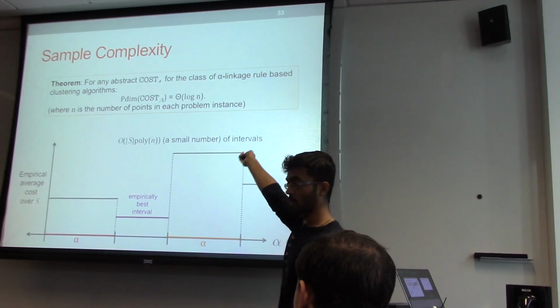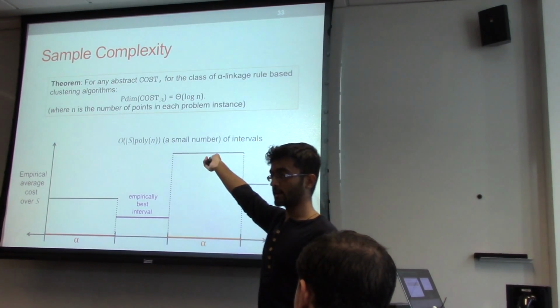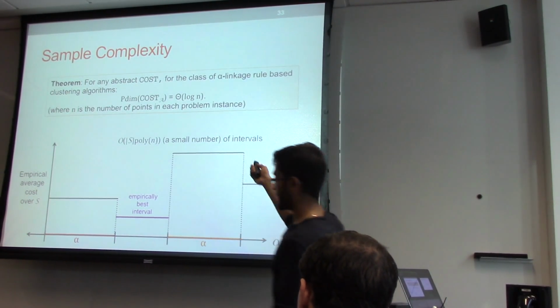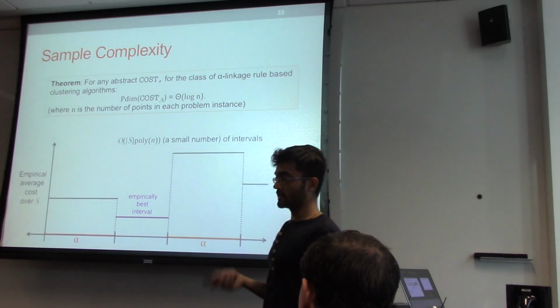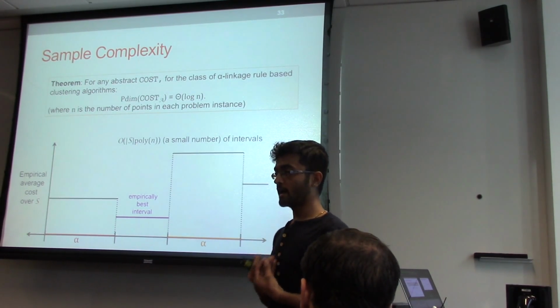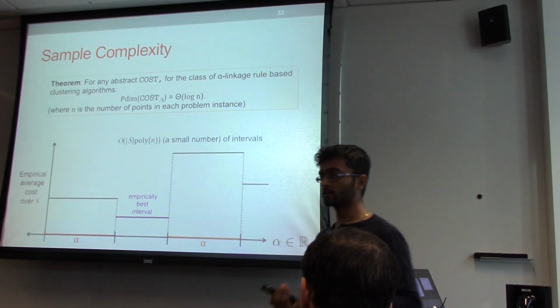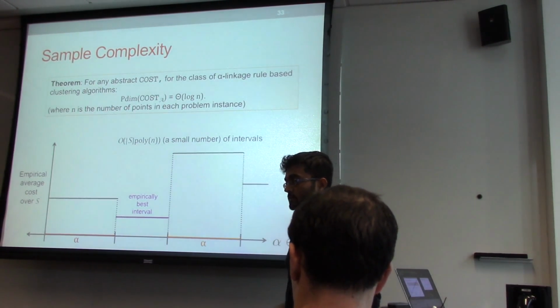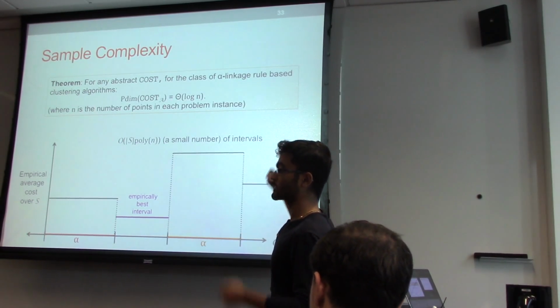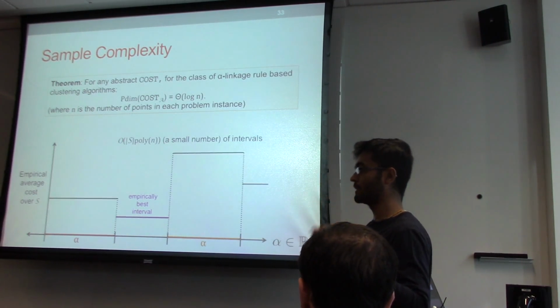We also show a lower bound, which is a technically more intricate analysis, where recall that the definition of VC dimension relies upon having a set of instances which can be labeled in every possible way. So we actually have to come up with clustering instances which can be labeled in every possible way by cost sub A.